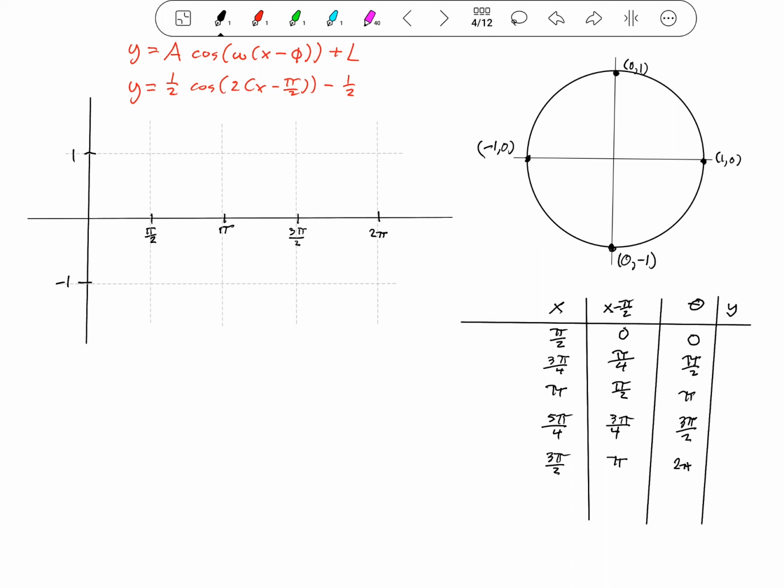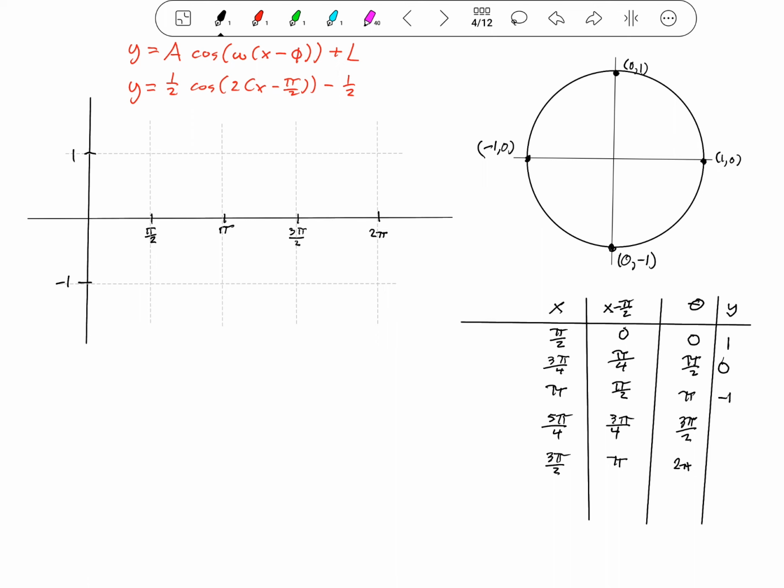And the y values: when my angle is 0, my cosine is 1, so y is 1. When my angle is pi over 2, my cosine is 0, so y is 0. When my angle is pi, my cosine is negative 1, so y is negative 1.